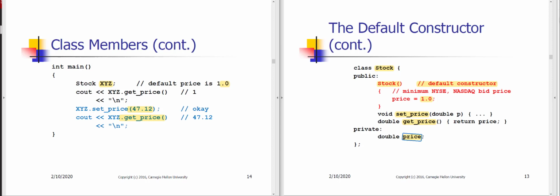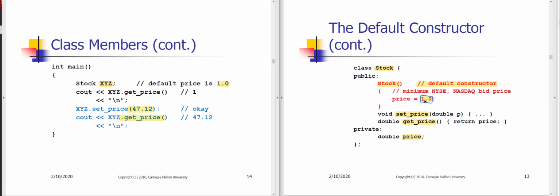Okay, so this is the very simplest mechanism that we have for handling the uninitialized value problem. Now, when I simply say stock XYZ, or stock A, stock B, stock C, whatever, each of these stock objects comes into existence with some kind of valid default price.